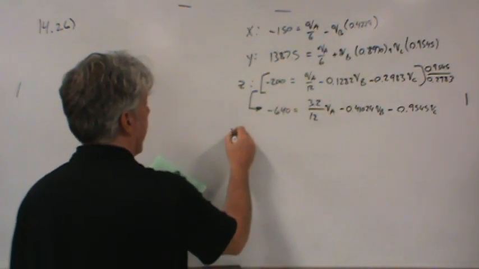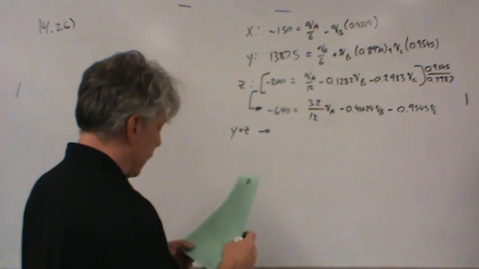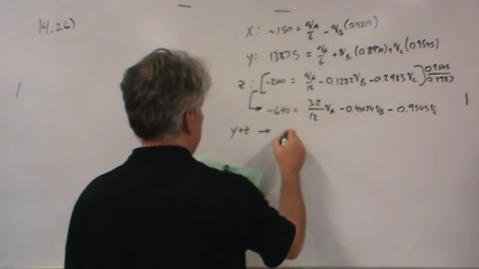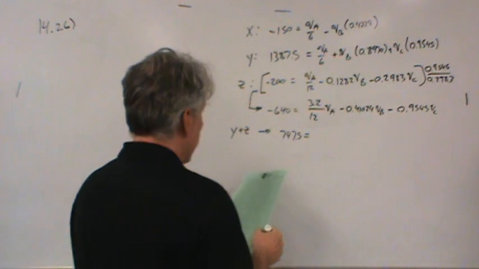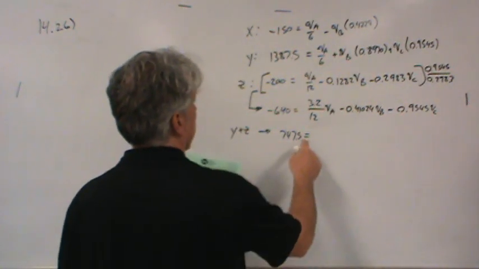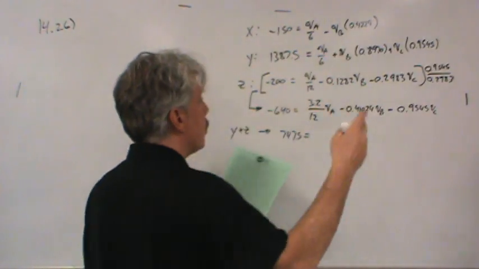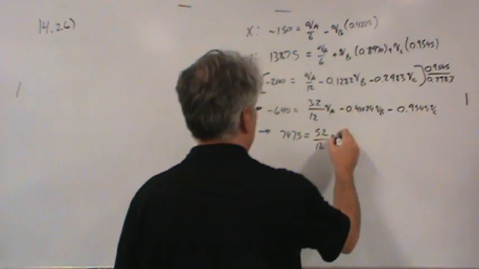If I take y and add z together, or the new z, what will I find? Well, 1387.5 minus 640 gives us 747.5 equals, on the right-hand side, we've got to take 3.2 over 12 VA plus 1/6 or 2/12 VA. That's 5.2/12 VA.